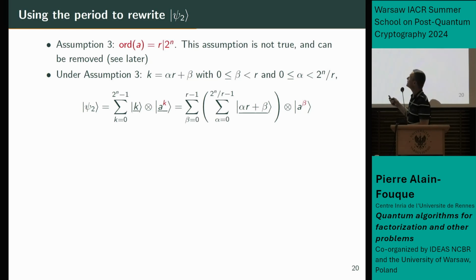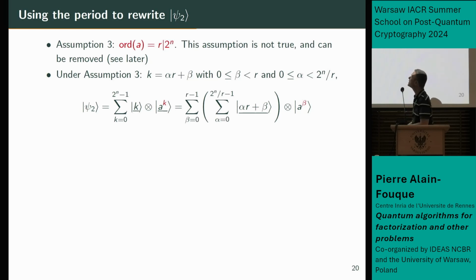Now I will make a third assumption, but this assumption can be removed a little bit later. And so you just have to assume that it's true for some slide. So we assume assumption 3 holds. That means that the order r is a divisor of 2 to the n.